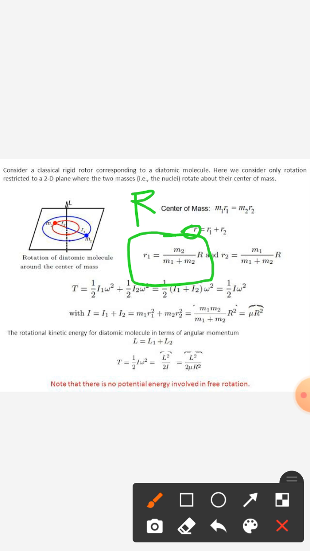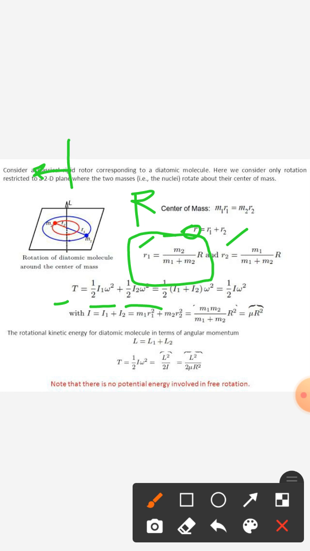So here we can see that r1 and r2 are the distances of the moving particles from the rotational axis. So the total kinetic energy of the system will be equal to the kinetic energy of the first particle plus the kinetic energy of the second particle.